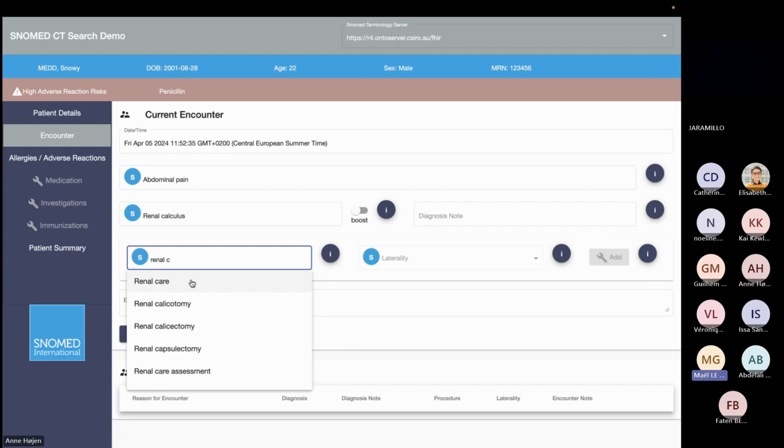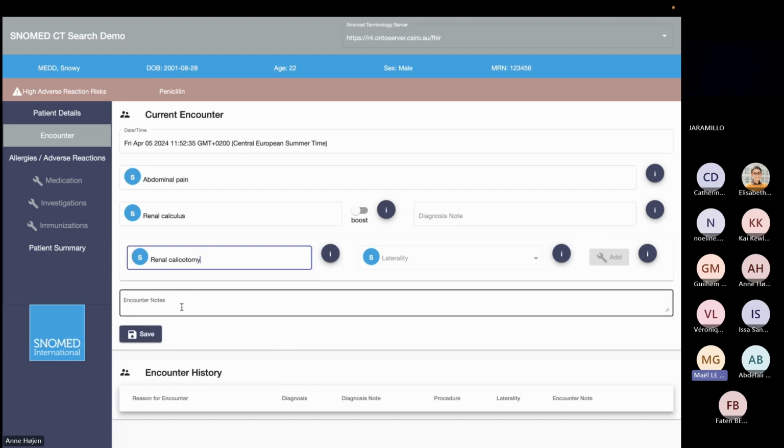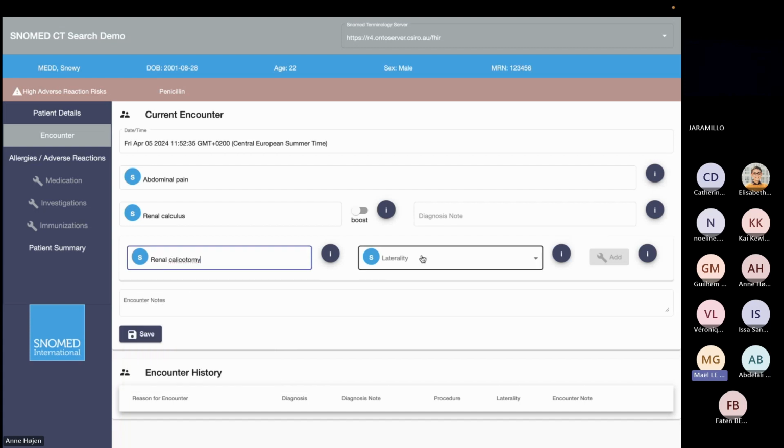Ian, is a calicotomy where you remove the renal stones? Calicotomy. Is that where you remove renal stones? Okay, so that is what we do. Yeah. And so now I selected some procedure, and I didn't even know that this is what it does, but Ian has confirmed with his good clinical background that now we're removing the renal calculus.